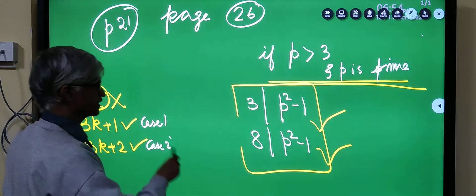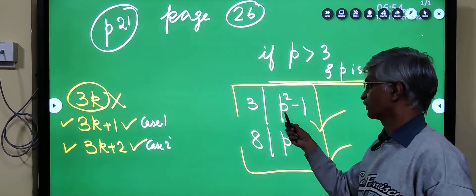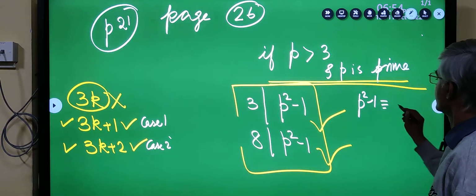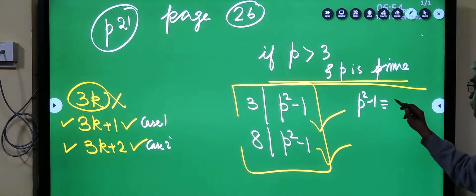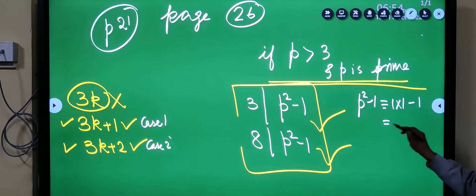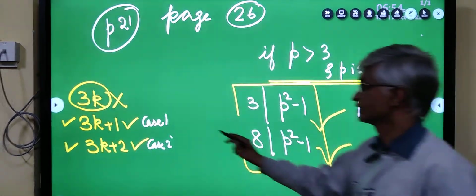This is case 1 and this is case 2. In the first case, if p leaves a remainder of 1 when you divide by 3, then p square minus 1 leaves a remainder of 1 into 1 minus 1, which is 0. In other words, p square minus 1 is divisible by 3 in this case.